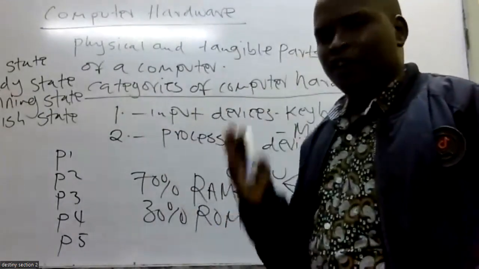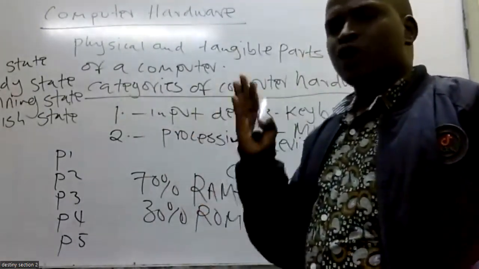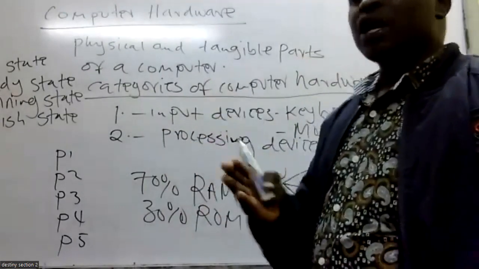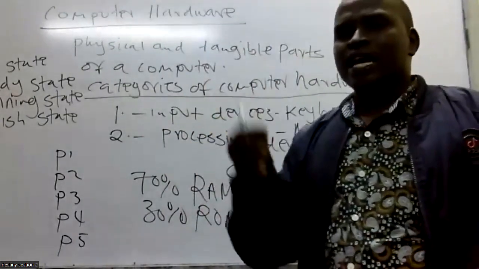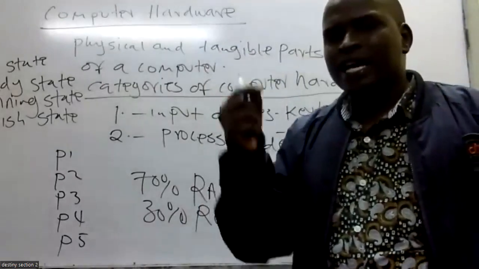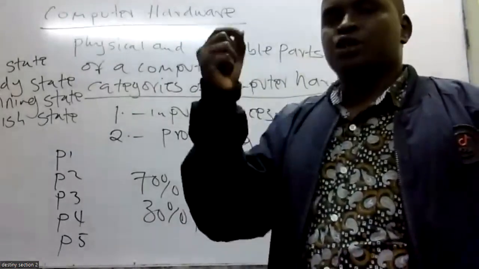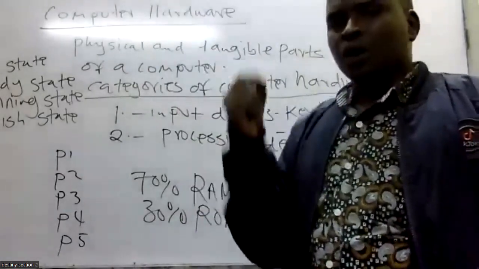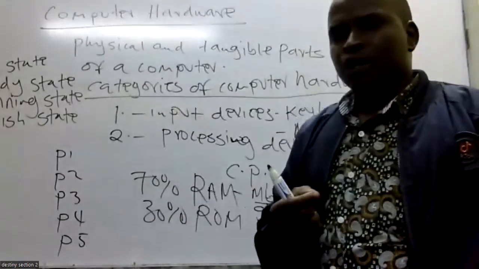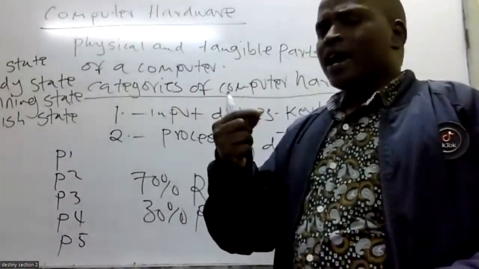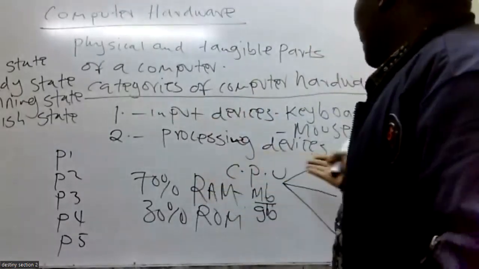We have the input devices. Students, these are the devices we use to feed in or enter data and instructions to our personal computers, laptops, or any computer for that case.